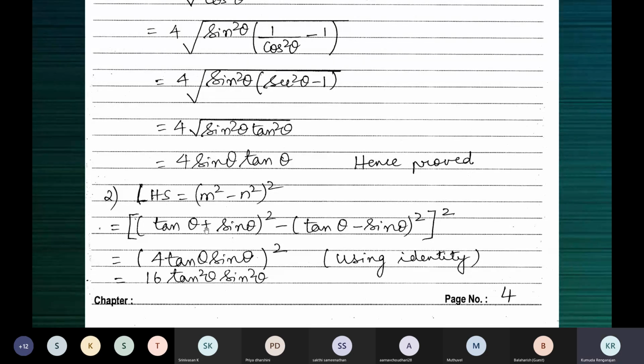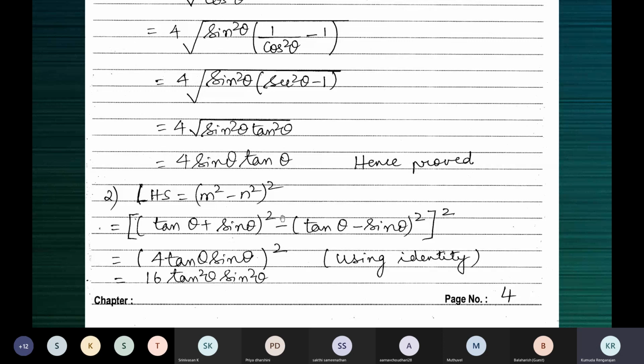So again, a plus b the whole square minus a minus b the whole square is equal to 4ab. The square in the bracket is different from the square outside. Now in the bracket, what do you have?